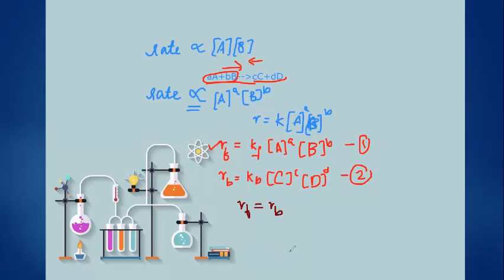Now we have to equate both of them. So when we equate both of them, we'll get Kf by Kb, since we're going to bring the constants to one side, equals the product of the active masses of the products, each raised to its stoichiometric coefficient, divided by the product of the reactants, each raised to its stoichiometric coefficient.